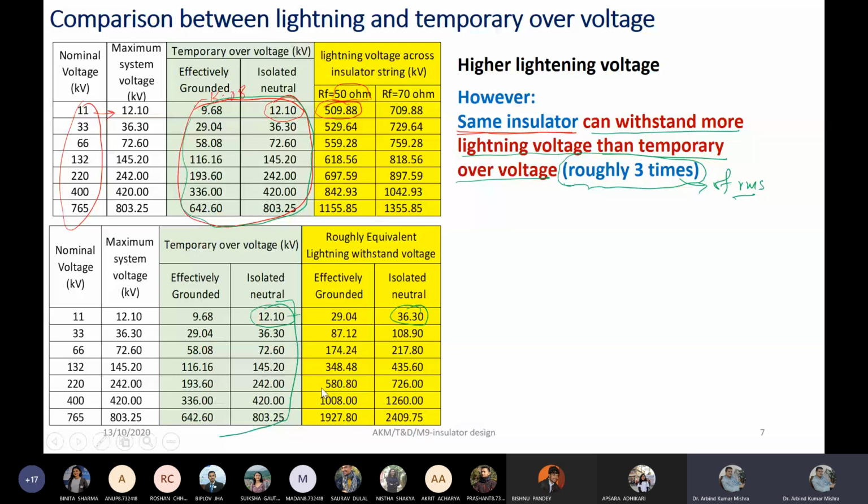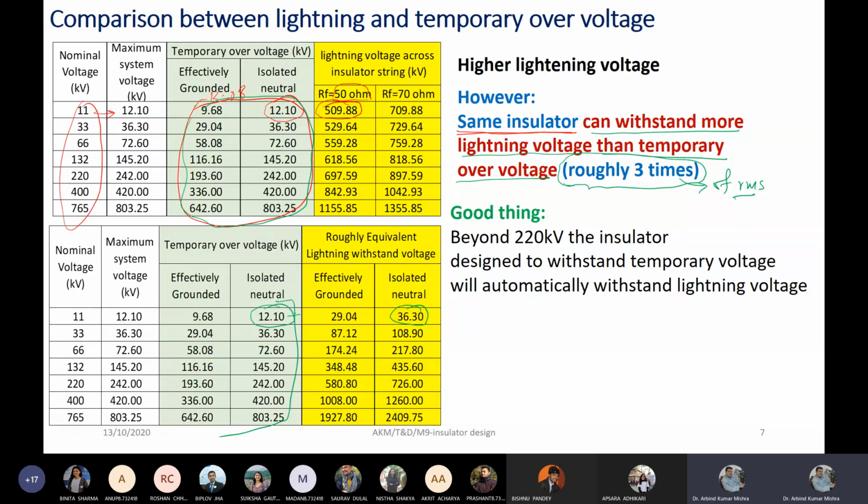Looking at this table, I have observed both a good thing and some alarming situation. What is the good thing in this table? If you look beyond 220 kilovolt, go beyond 220, meaning for 400 and 760 kV, you will find the insulation level, because this is just the equivalent voltage, not the lightning voltage.